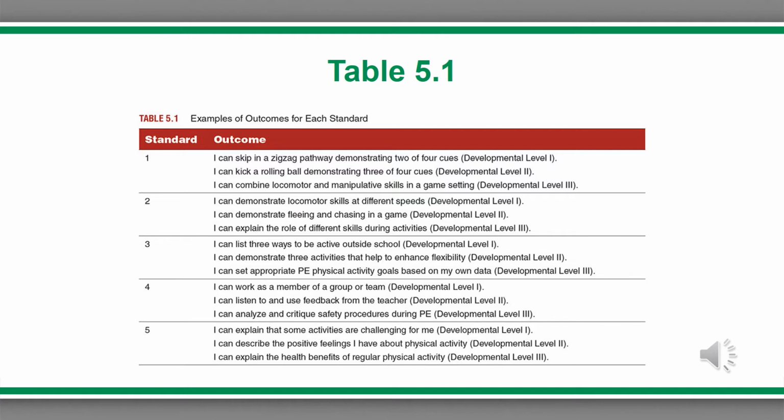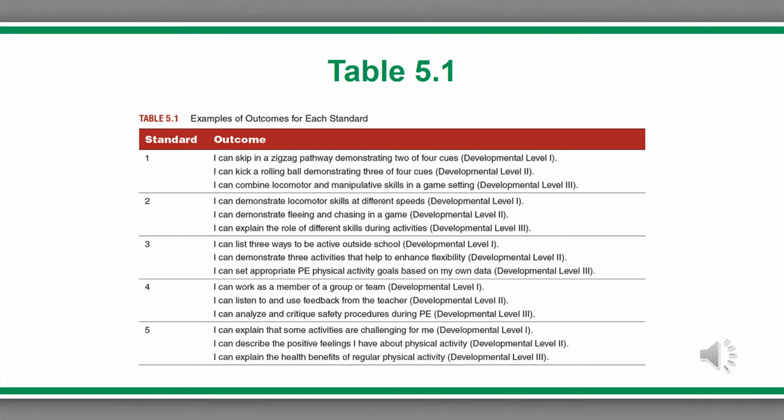Let's see some other one. Content Standard 2, Development Level 2, TSW, demonstrate fleeing and chasing in a game. Okay, so demonstrate is the behavior, fleeing and chasing is the content, and then the degree would be in a game or games.